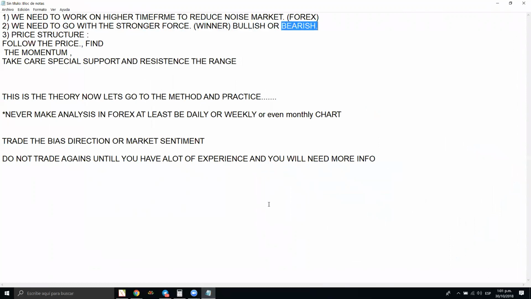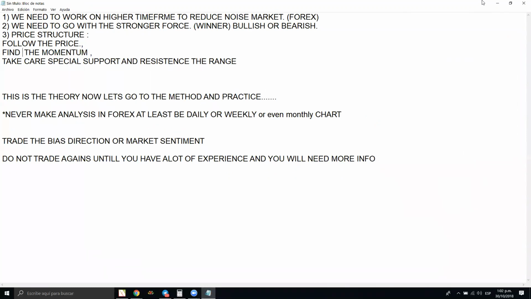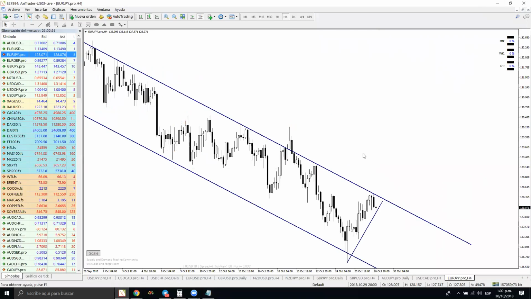Okay, we're going to beat this force. Let's go into the process. Total is follow the price. This is the first. Follow the price. At this moment, I could never enter a sell here. Never. Even if I found a pattern, I found everything, never.